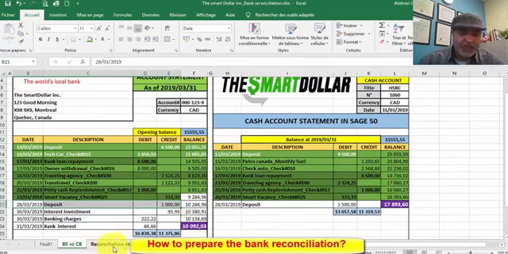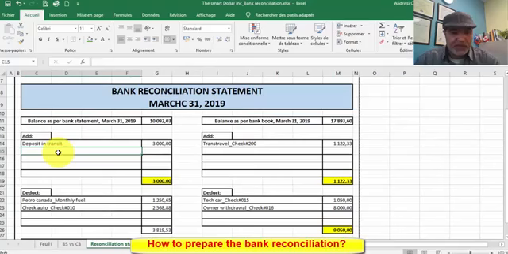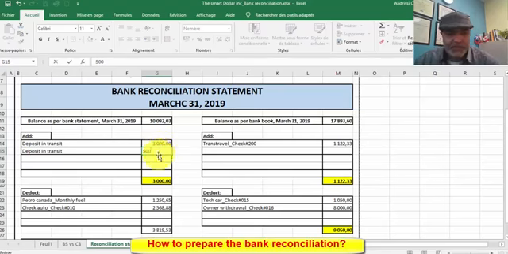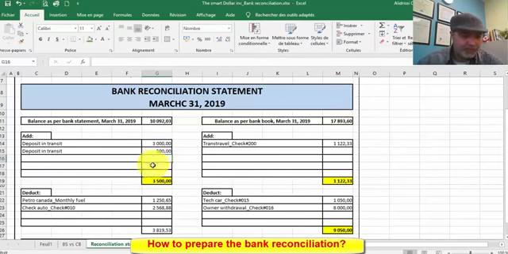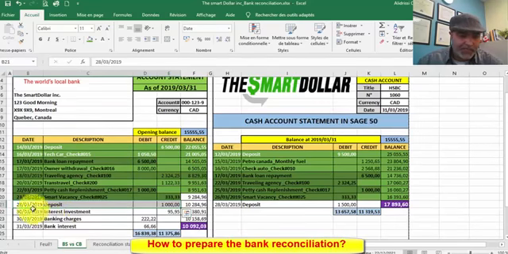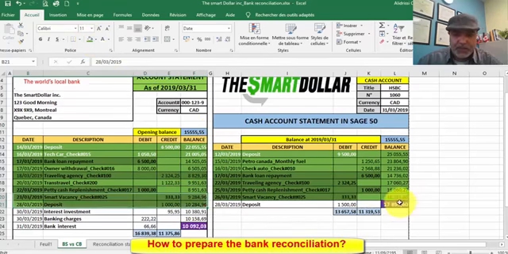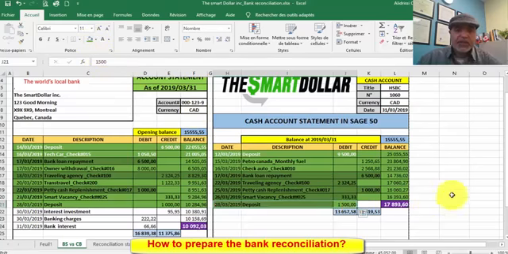We go back to the reconciliation statement, the same deposit in transit, and we add the difference. Okay, good. We highlight it as done. Okay, and also here. Good. So we finished all figures mentioned in our cash book.